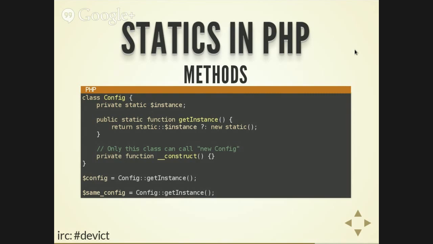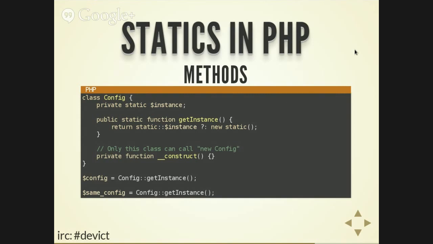So in this example, I have both a static function and I have a static property. So I have this property instance. Now I make it private because I don't want someone to just say config::$instance and get to it, because I don't know that I need to make one of these until the first person asks me for it.